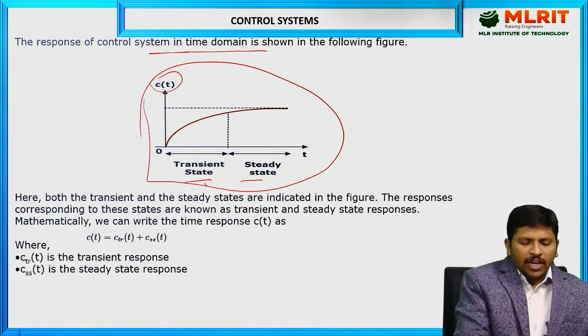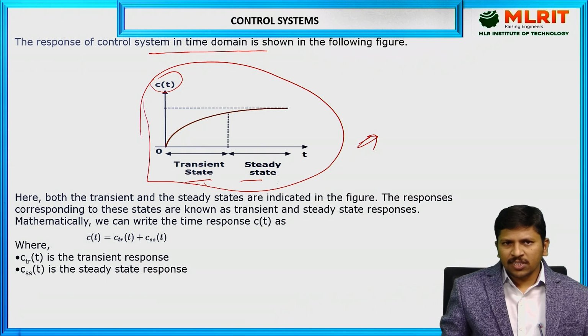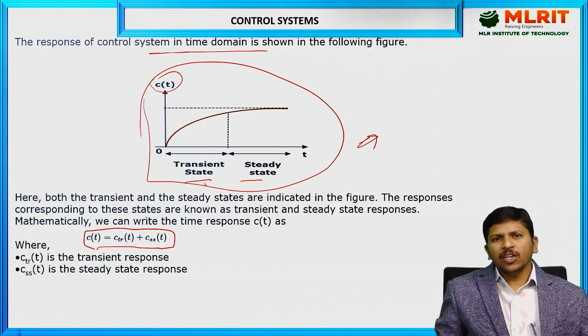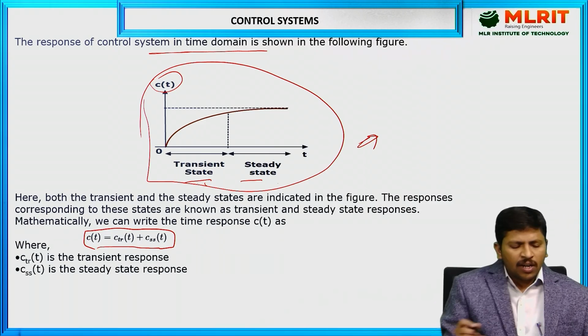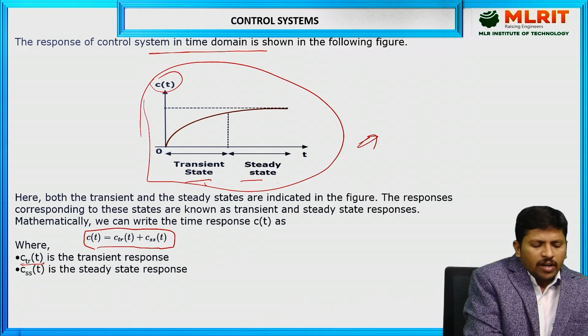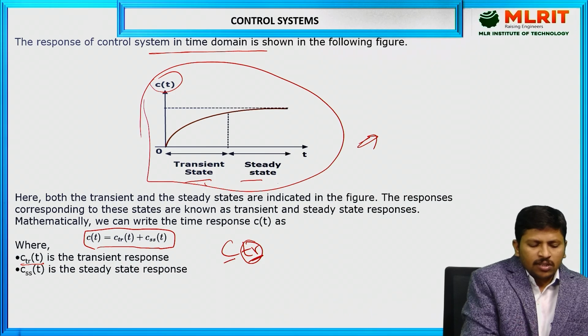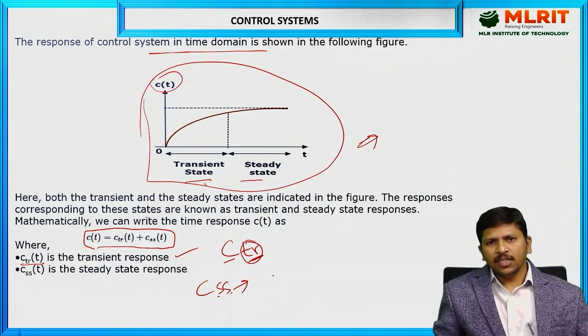The mathematical representation of the system response is C of t equals transient response plus steady state response, where C of tr is the transient response and C of ss is the steady state response.